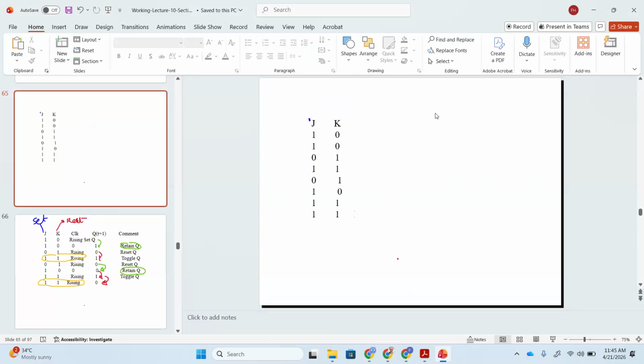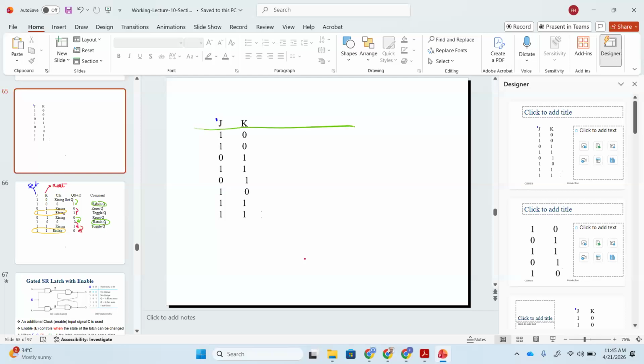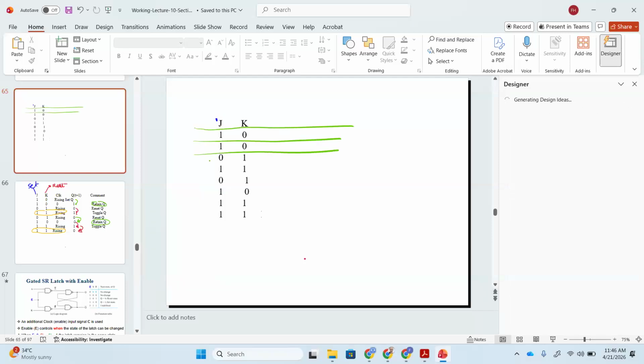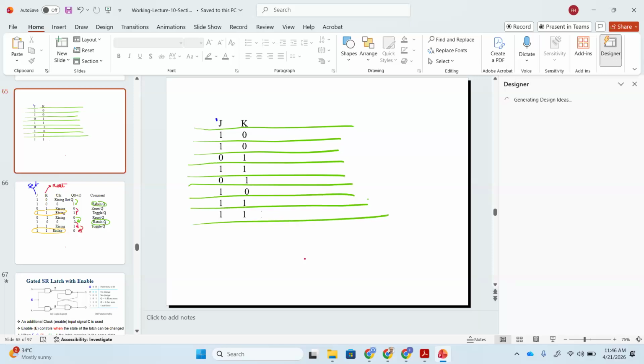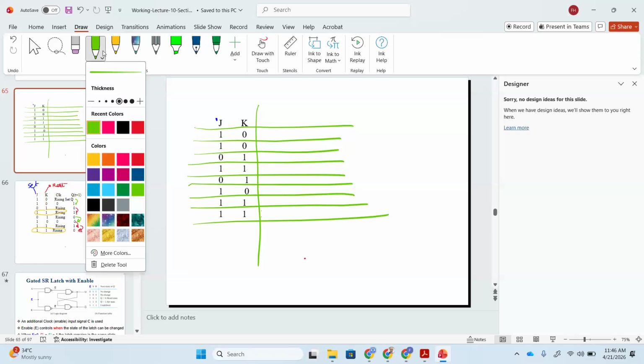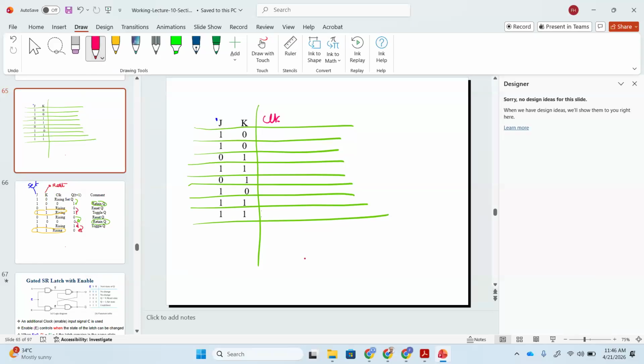Okay, so now let's assume I'll give an example, because we will go with the examples and you will understand everything that's going on. Got it or not got it? Now, this is my clock. Let's assume it's a rising edge.